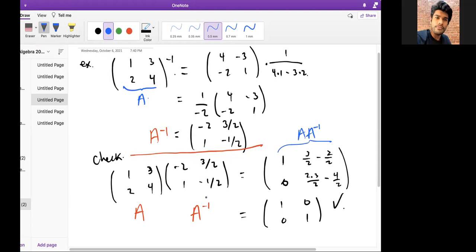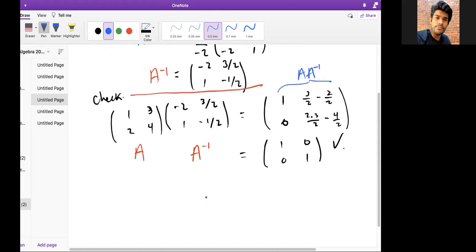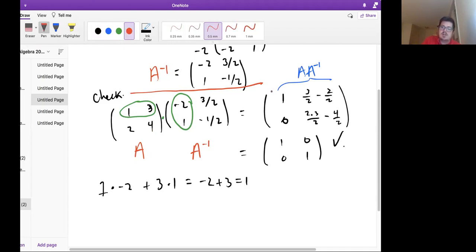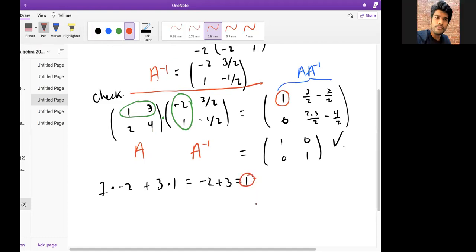Can you do like one example? Like how does this multiplication get this? Yeah. All right, so the first position, the 1, 1 position, is 1 times -2 plus 3 times 1, right? So that is -2 plus 3, which is equal to 1. So that's how we got a 1 here. Yeah, I just forgot about it.